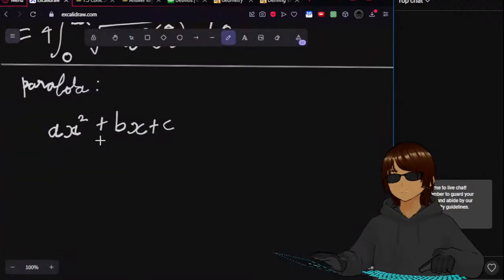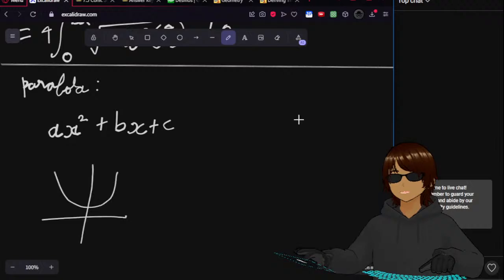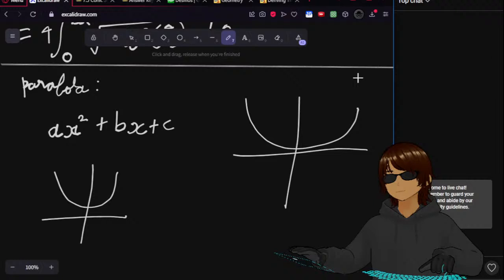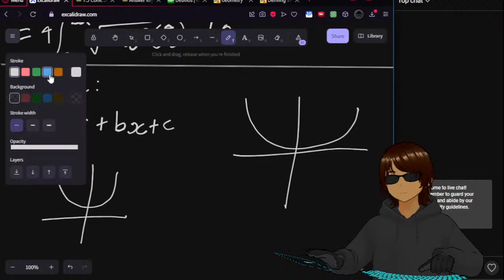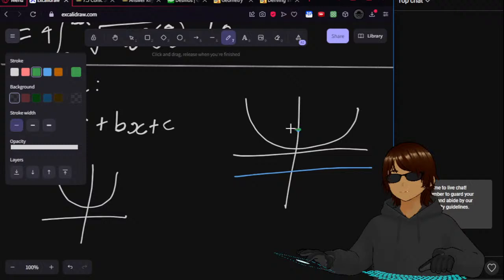This you will get a shape like this. This is a parabola. Another definition is that there is a focus and a directrix, such that the distance between the focus and the directrix is equal.